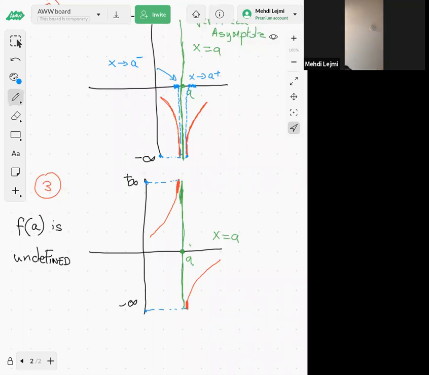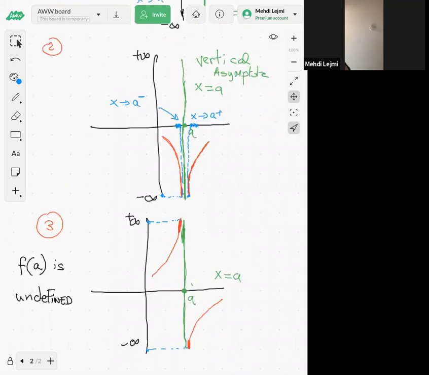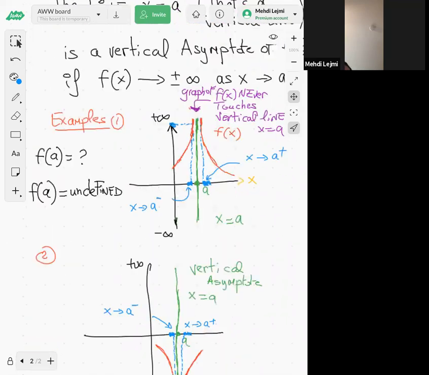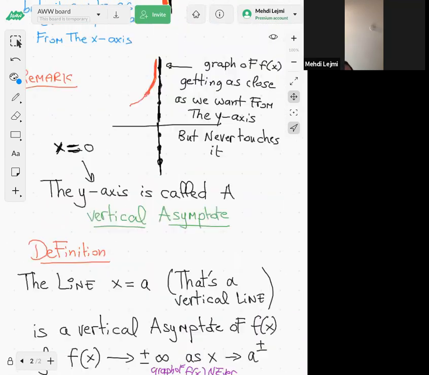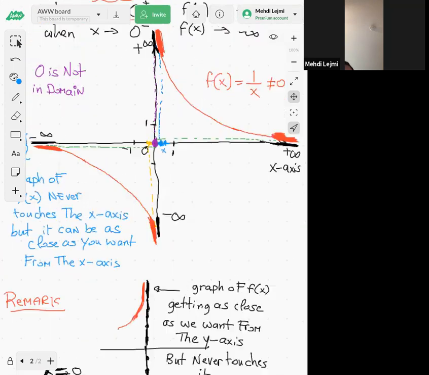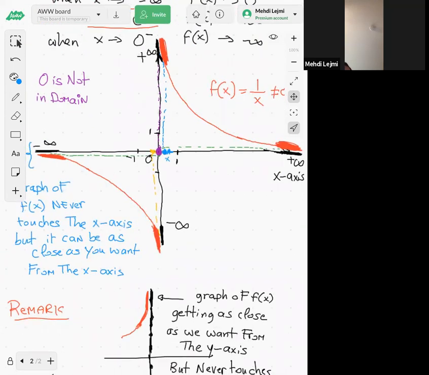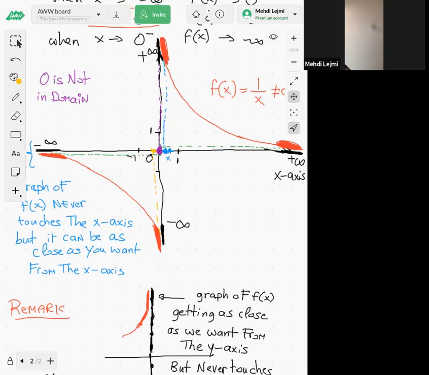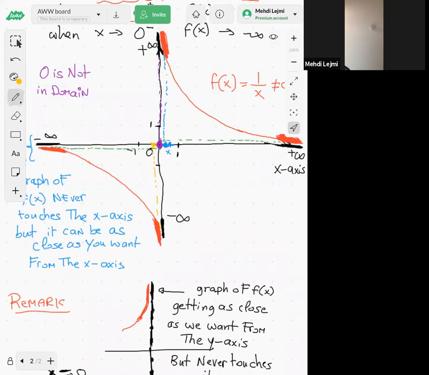All right. Now, of course, you have vertical asymptotes. Like if we come back to our example 1 over x, you see here on one side, the left side of 0, your graph is getting very, very close to the y-axis, but it never touches the y-axis.